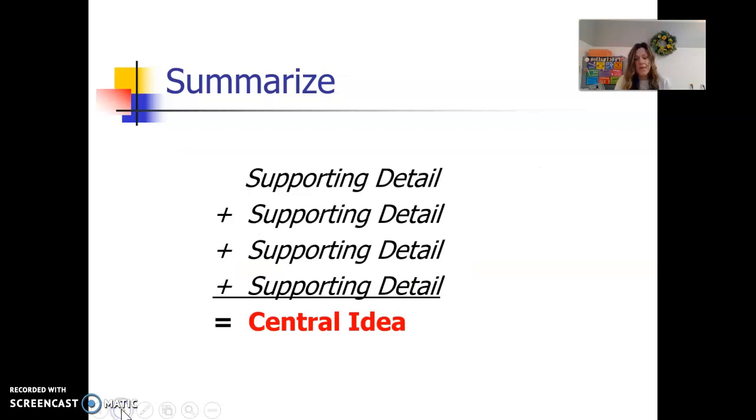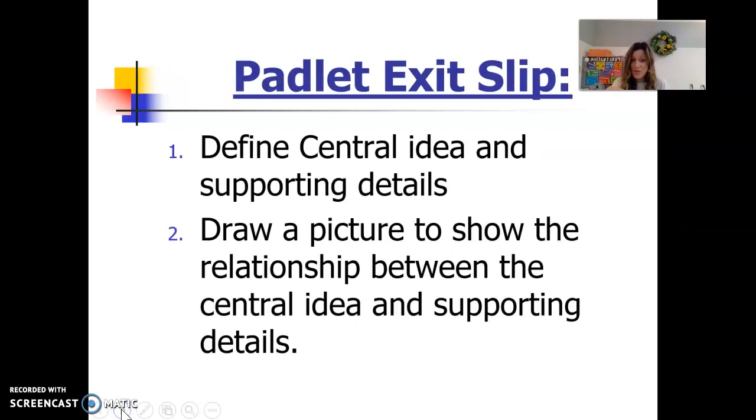And then finally, we have a little math equation that, if you like math, maybe will help you understand supporting ideas and central idea. Supporting detail plus supporting detail plus supporting detail plus supporting detail equals the central idea. So you add up all your supporting details, and you should be able to come up with the central idea of the text. Hopefully you get all these red words typed or written into your notes.